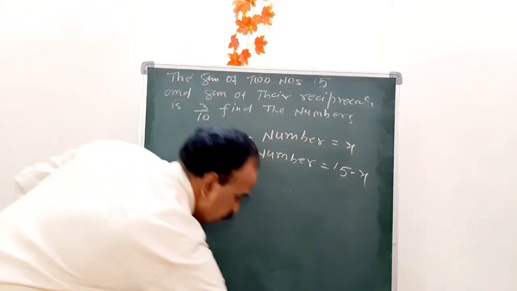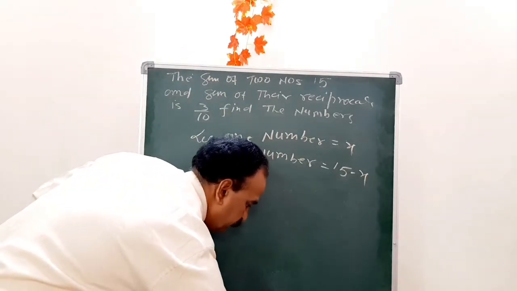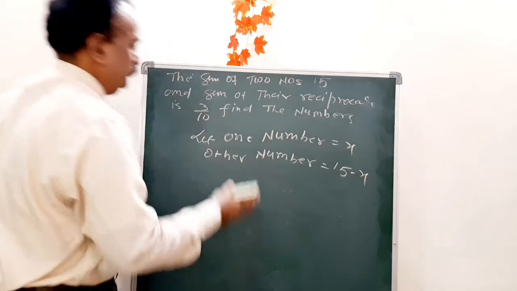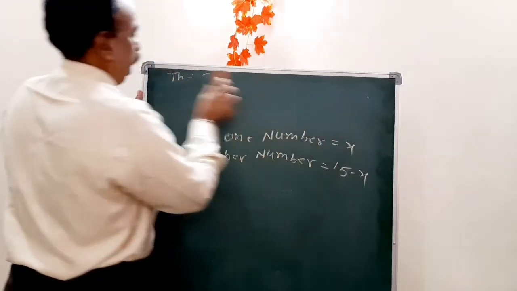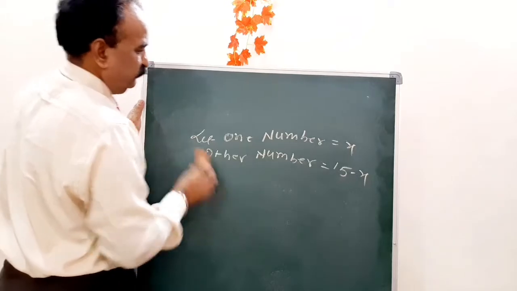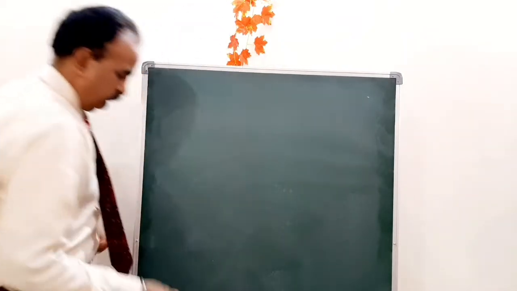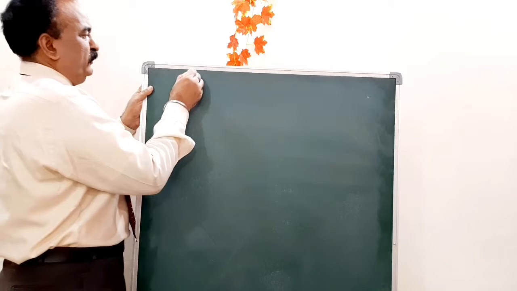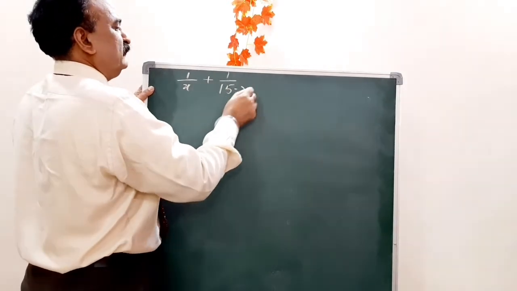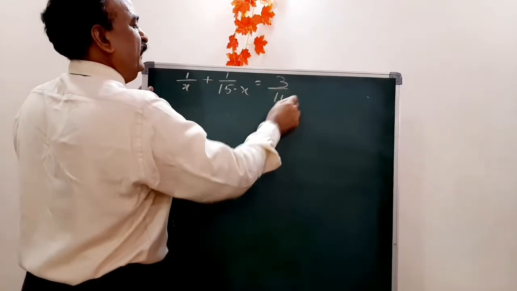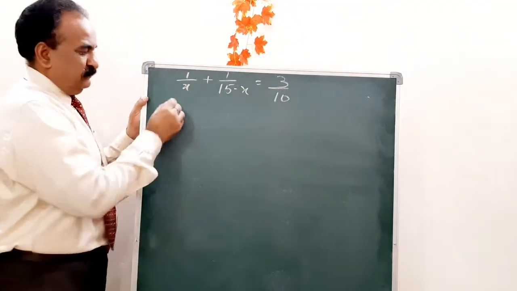See how. 1 upon x plus 1 upon 15 minus x is equal to 3 by 10. Now you take the LCM.